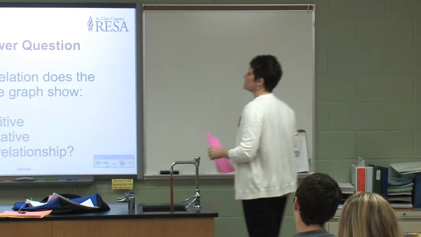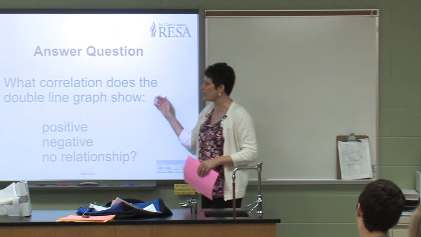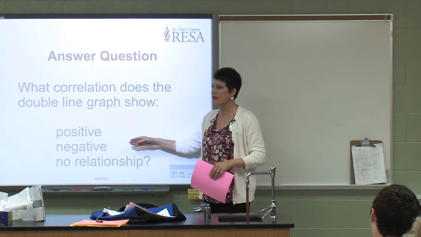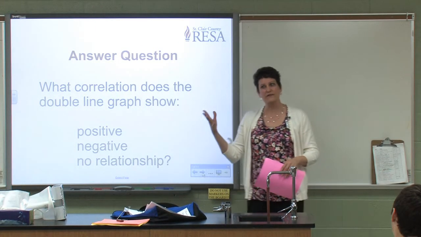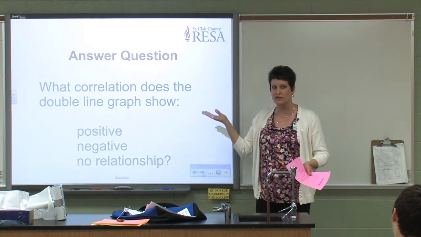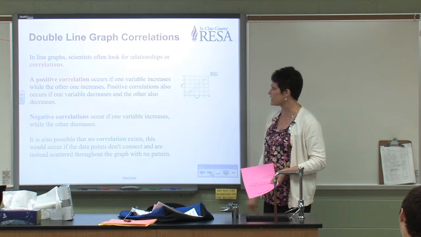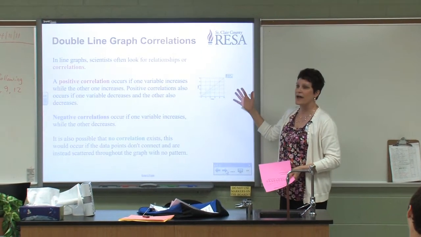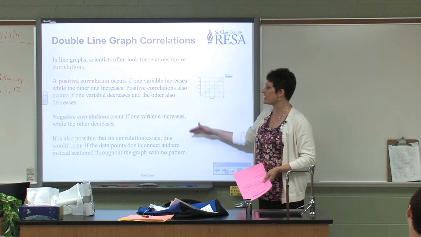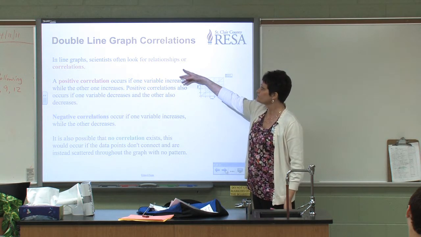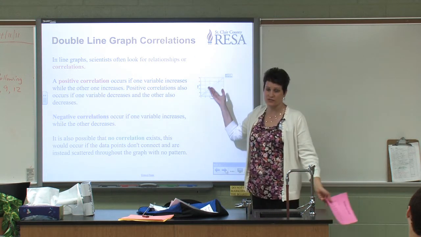So let's go back to our original question here about the correlation of this double line graph. Is it a positive, negative, or no correlation? A lot of you were scratching your head going, I'm not sure which one that is. So let's take a look at this. Here are my definitions of a positive, a negative, and no correlation. A correlation is just a relationship.